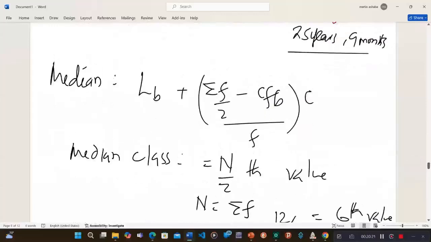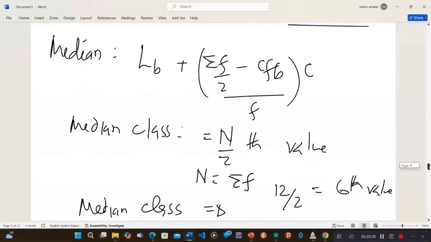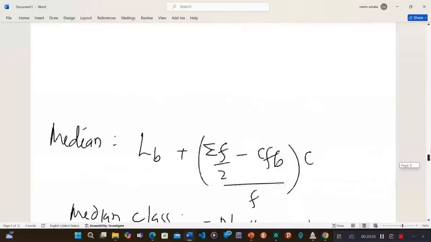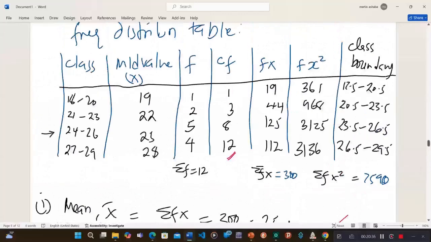Median, we said the median class has to be obtained by this n out of 2 value, and when we do that, we realize our n is 12 divided by 2, we get 6. So we go to the frequency distribution table for the value which is close to 6.